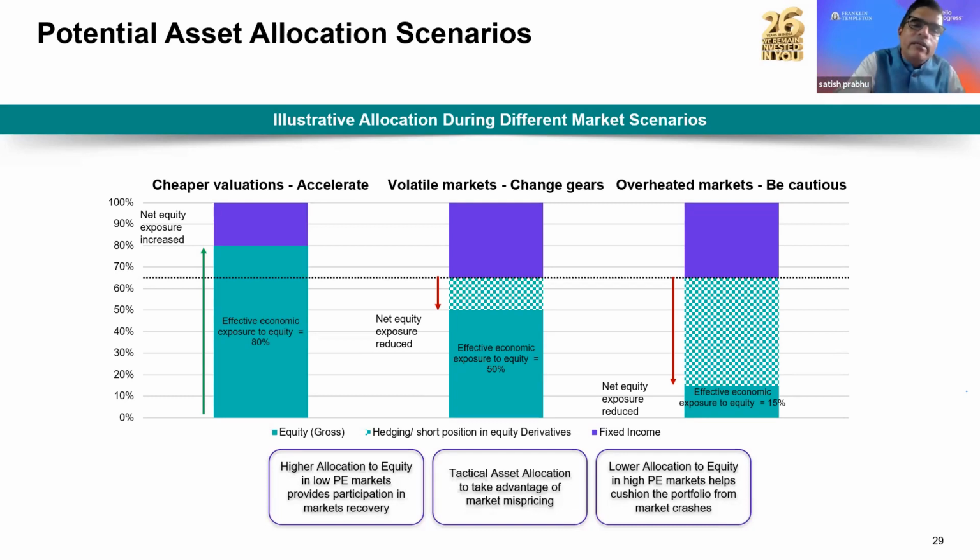Till then, whenever you look at the screen, which is higher equity, medium equity, and lower equity, you don't need to pay tax. You need to pay tax only if you sell the units of the balanced advantage. So remember, there is a tax element that is involved whenever you change your asset allocation on a manual basis.